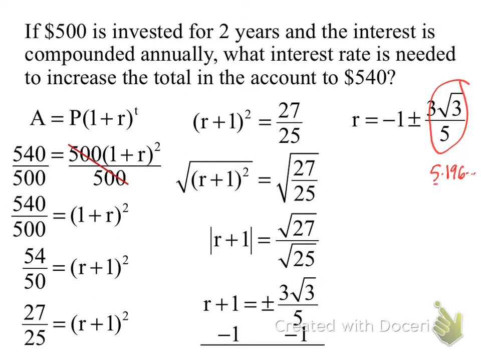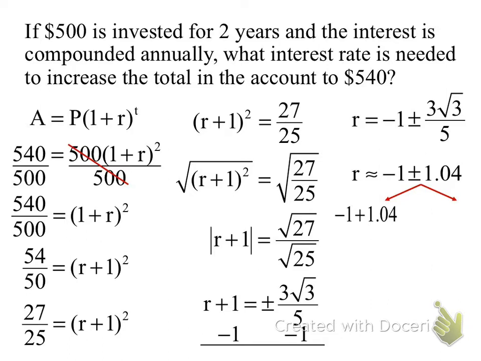There's a bunch of numbers. Then I'm dividing it by 5, and that becomes 1.04, about. So this is negative 1 plus or minus 1.04. Okay? And we've got negative 1 plus 1.04 and negative 1 minus 1.04.